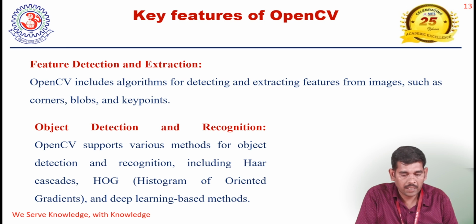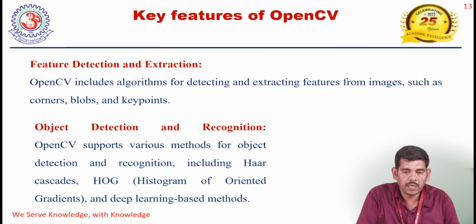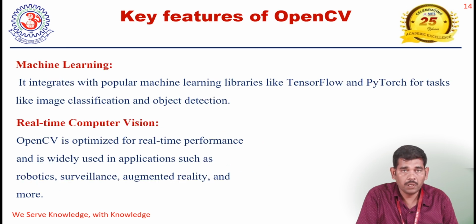These include Haar cascade, which is one of the famous XML formats, and HOG, histogram of oriented gradients, which is another format, and deep learning based methods. These work based on deep learning. CNN is one of the famous methods in deep learning for image classification. The next one is machine learning.